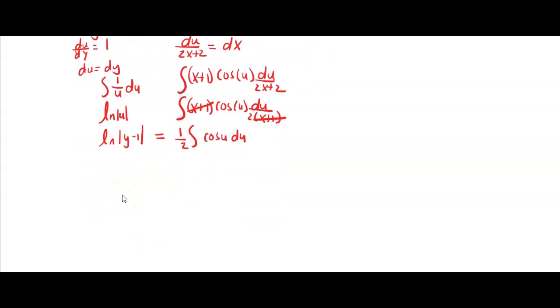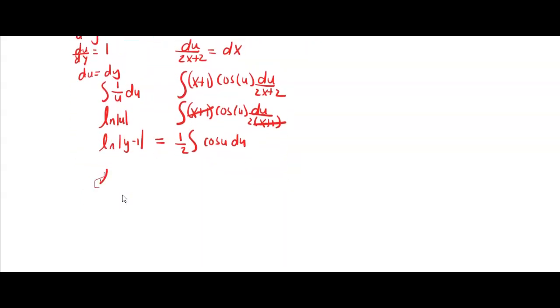So we have ln of y minus 1 equals 1/2. The integral of cosine u is sine u plus c. And now we're going to go ahead and put the u back in.